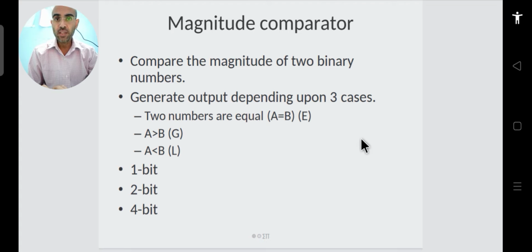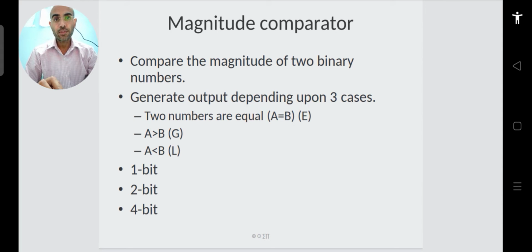In its simplest form, we will consider a single bit magnitude comparator in which there will be two inputs A and B, each of them of 1 bit only, and then the outputs will be 3.